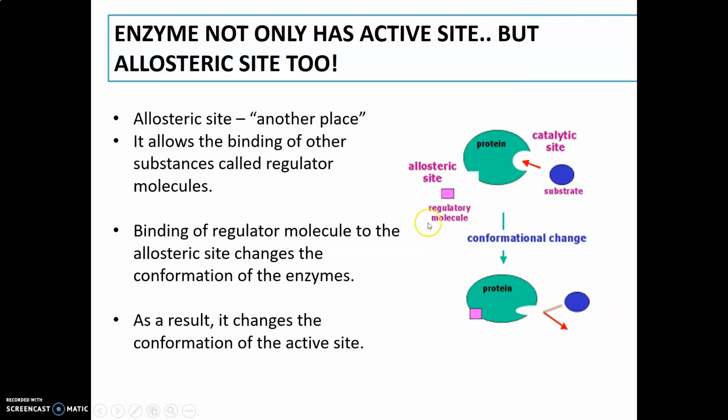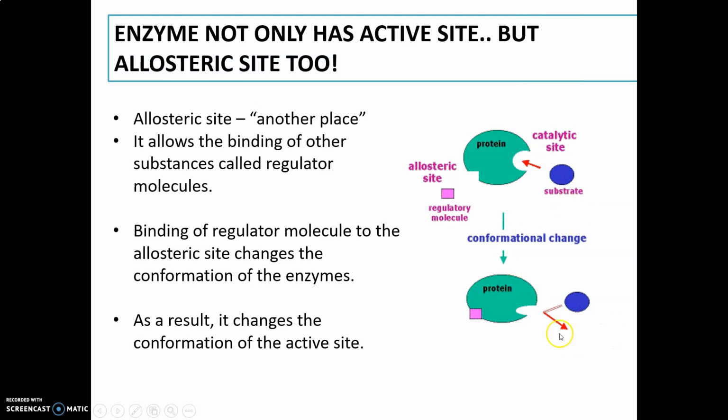Ada yang bila regulator molecule bind dekat this enzyme, dia akan menyebabkan active site tadi cannot be fit with substrate. Okay, itu satu contoh. Yang kedua pula, ada regulator molecule yang kalau dia bind dengan this protein, dengan enzyme, somehow dia lagi more fit dengan dia punya substrate.